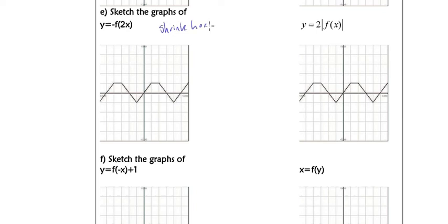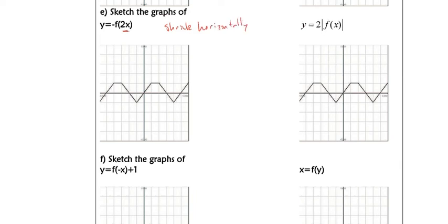horizontally. Actually, let me change that to red. I'm going to graph this in two pieces, and I would recommend you, at least at the beginning, that you think through it the same way. So my first thing is I'm going to shrink horizontally. And I'll graph that one in red.